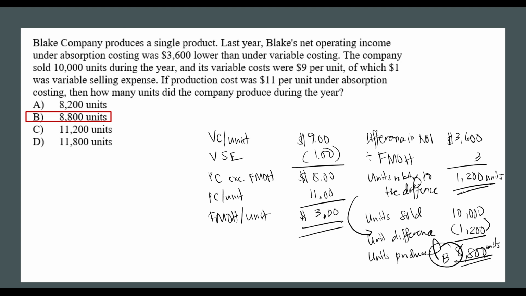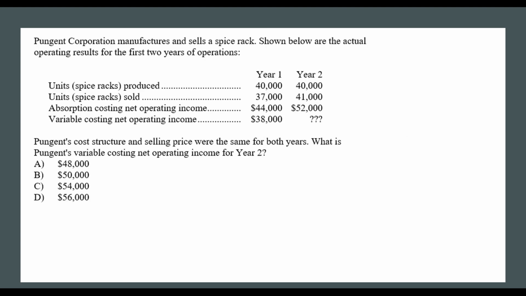Next problem. Pungent Corporation manufactures and sells a spice rack. Shown below are the actual operating results for the first 2 years of operation. So we have here your unit spice racks produced for years 1 and 2, both 40,000, units sold of 37,000 for year 1 and 41,000 for year 2.